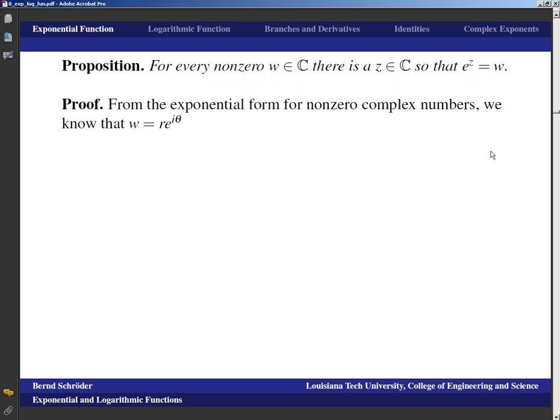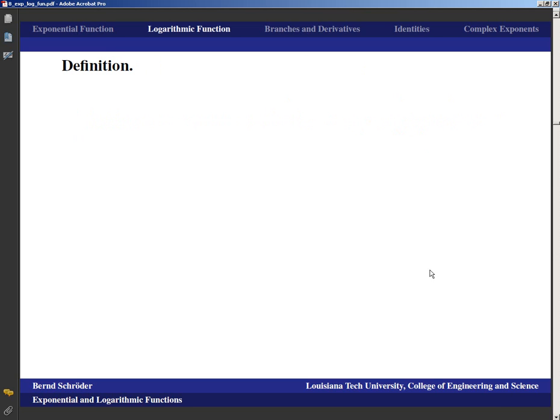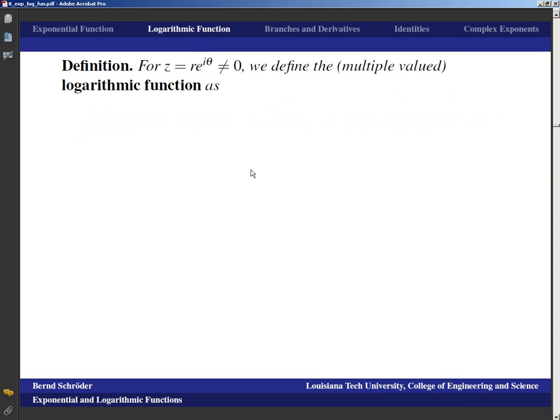Okay, the proof shouldn't be that bad, because we know the exponential form for non-zero complex numbers, which is that if w is non-zero, then w is r e to the i theta, and that's e to the ln r times e to the i theta, because r was greater than 0, and we can use the real logarithm here, and that's e to the ln r plus i theta, and so that means z equals ln r plus i theta is the number we desire, and so that means we can now define a logarithmic function.